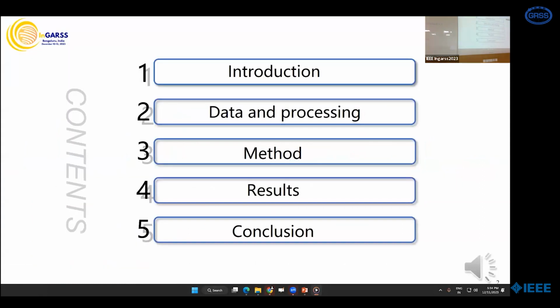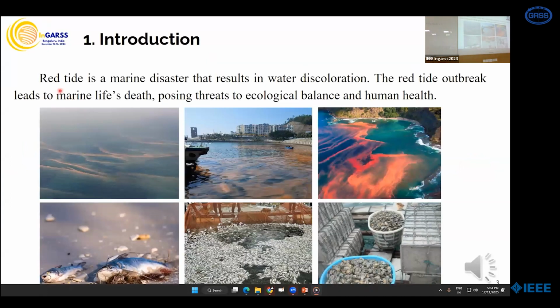My presentation will focus on the following 5 aspects. First, red tide is a marine disaster that results in water discoloration. The red tide outbreak leads to marine life mortality, posing a threat to ecological balance and human health.